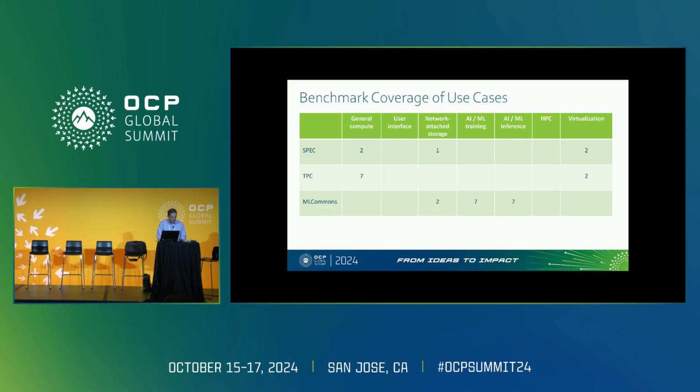Note that we have an additional column, virtualization, which is not a standalone use case profile, but instead can be an important cross-cutting aspect of the 6 use case profiles. Also note that we have 2 use case profiles for which no benchmarking test suites are currently identified: user interface and high performance computing.